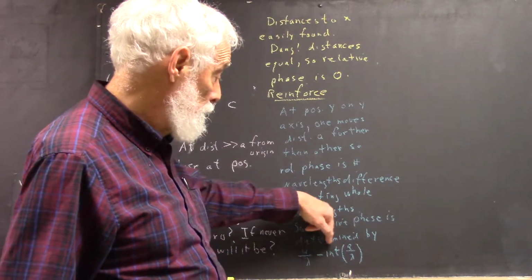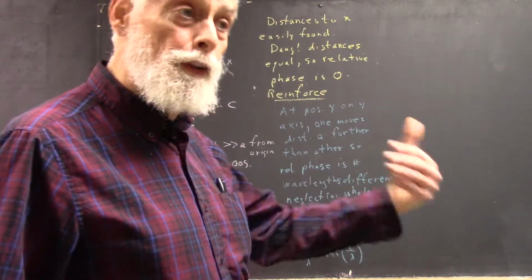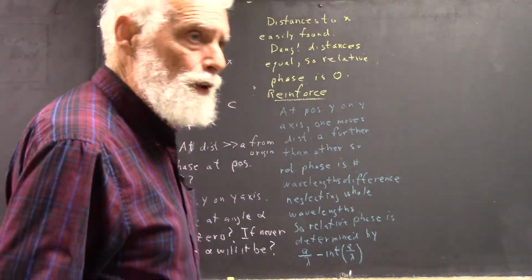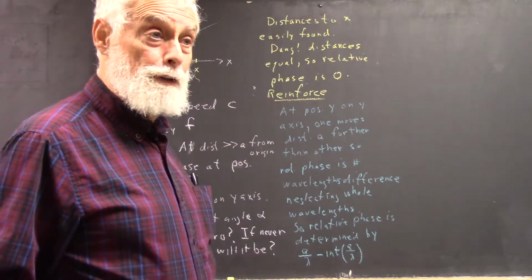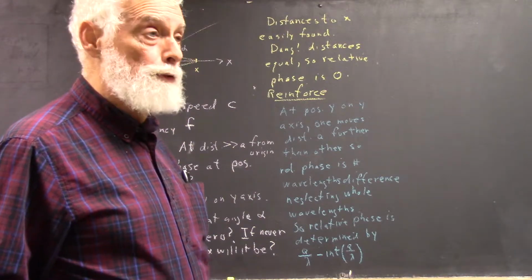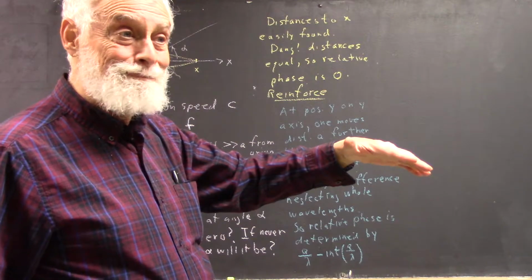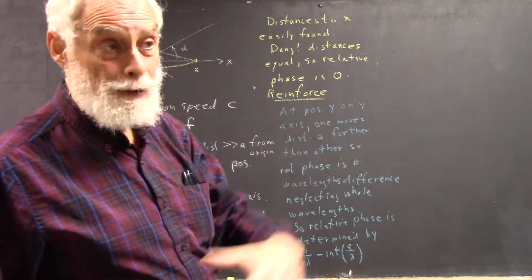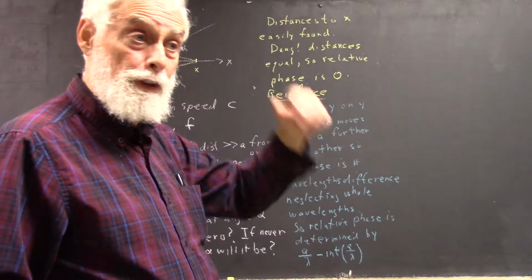If you're programming, you have a greatest integer function, which is actually usually called the floor function, but you know, we're not going to worry about that. That's simple. It's simple to figure out how to get the greatest integer, okay? Make sense? You just round the number down to the nearest integer, and then subtract that off, and you're left with the fractional part of a wavelength that determines the phase difference, okay?